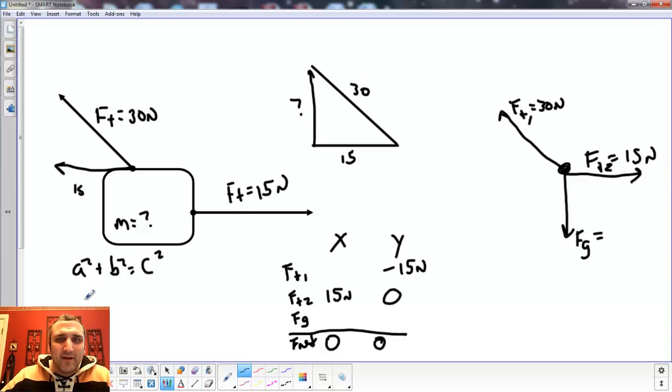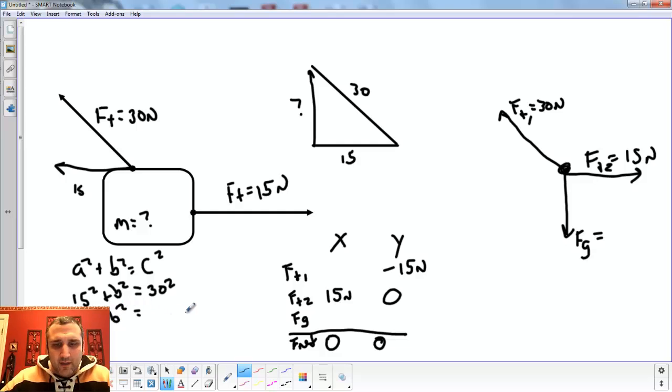I already have that. So we can do 15 squared plus b squared, because we'll say this is b, equals 30 squared. And you should end up with b squared equals 675. Because 30 squared is 900 and 15 squared is 225.